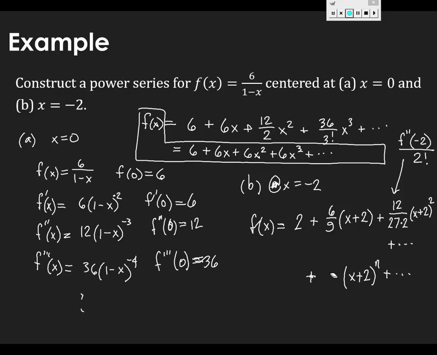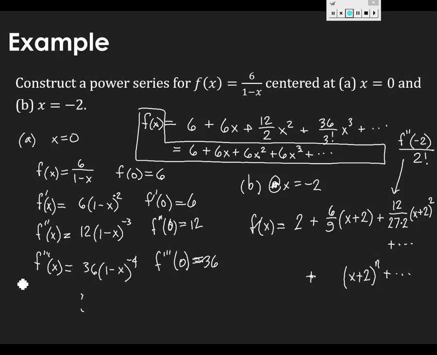Let's see if we can fix that. The first term is 2, but what are we going to multiply each time by? We should be able to think about this as a geometric series.